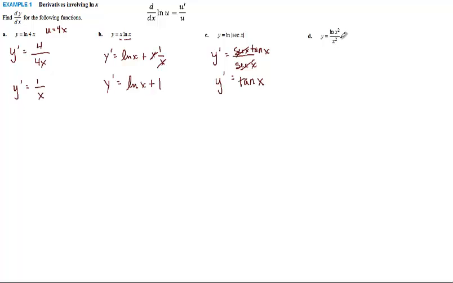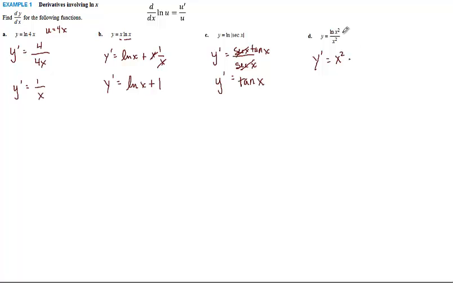Next one, this is a bit of a mess. It involves the quotient rule, and then my numerator has this natural log of some function in it. Okay, quotient rule. It's low times the derivative of the high, so low is x squared times the derivative of the high.